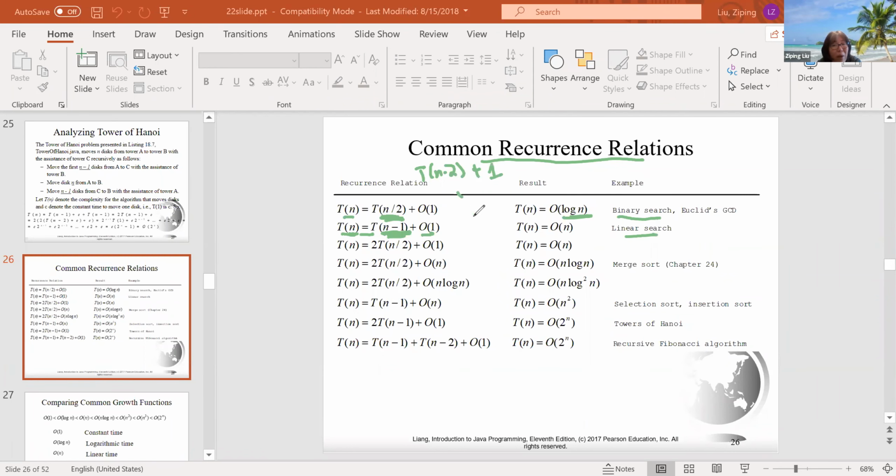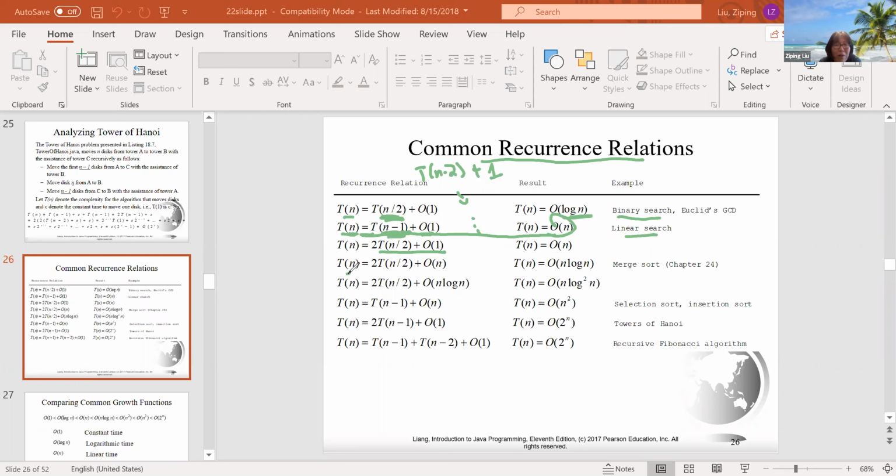You can keep doing this. If it is this kind of recurrence, then the order is going to be linear. Similar for this one, not a lot of change.